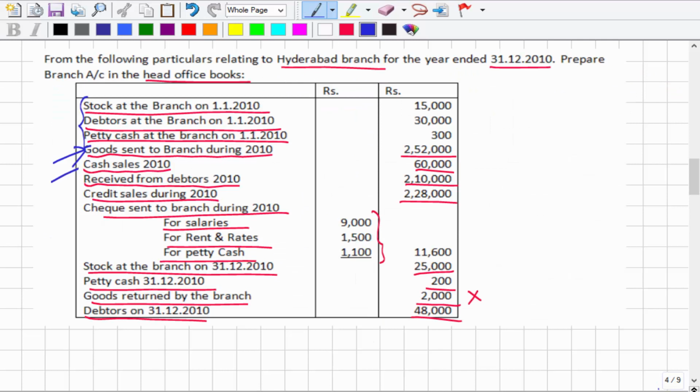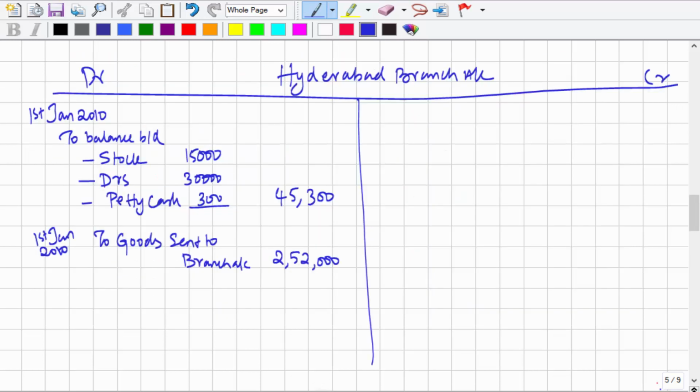Then we have cash sales during 2010 is 60,000. Then cash received from debtors is 2,10,000. So these two put together will be sent by the branch to HO. So the entry is going to be by bank. Okay, let's assume this is happening on 31st December 2010. We'll say by bank, and this entry is coming on account of two reasons.